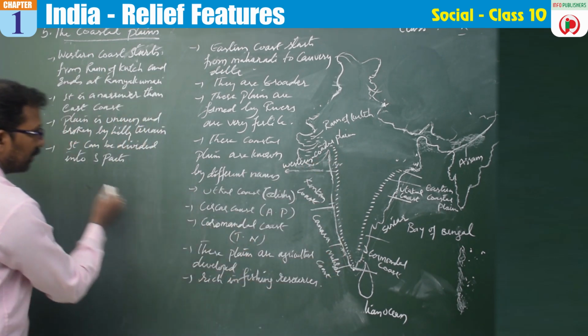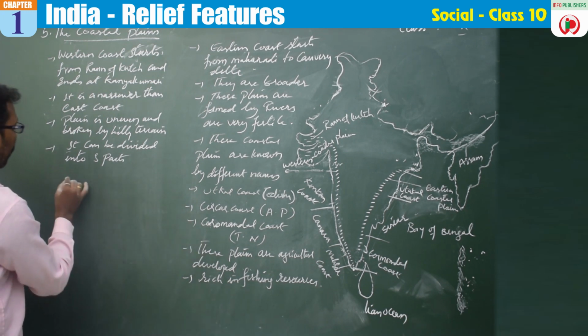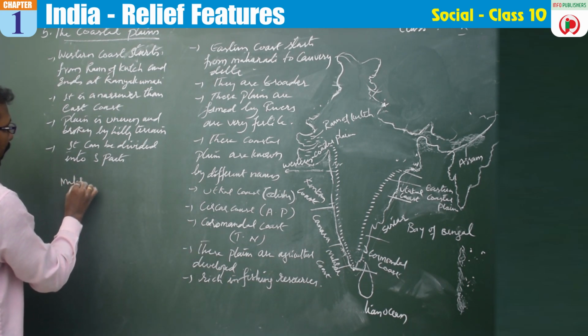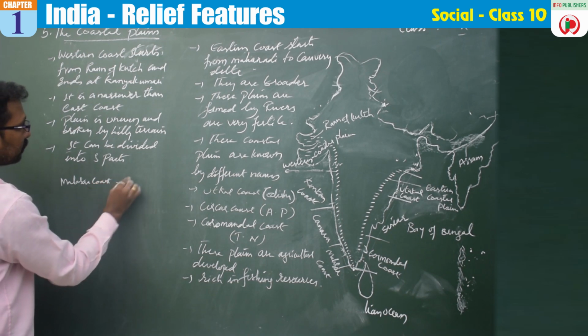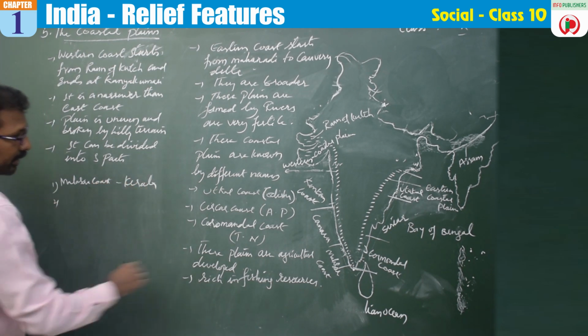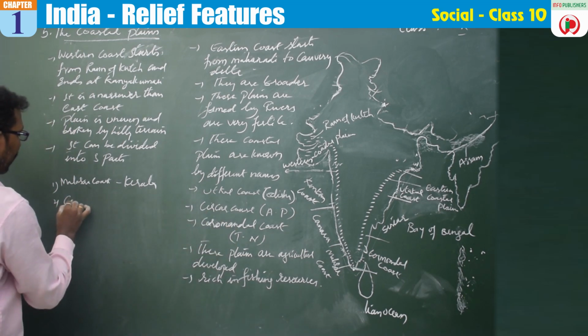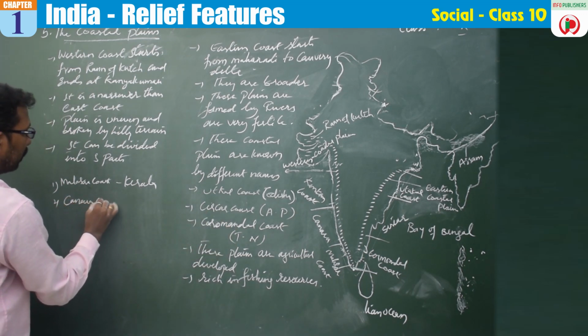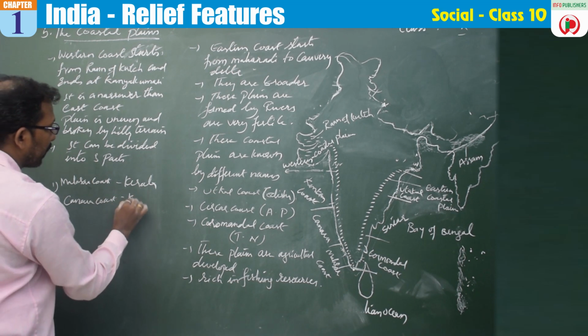The first part is the Malabar coast, Kerala. The second one, the Canara coast, Karnataka.